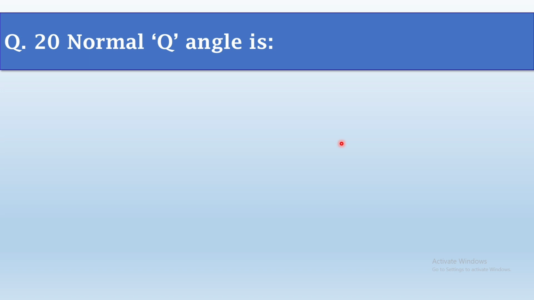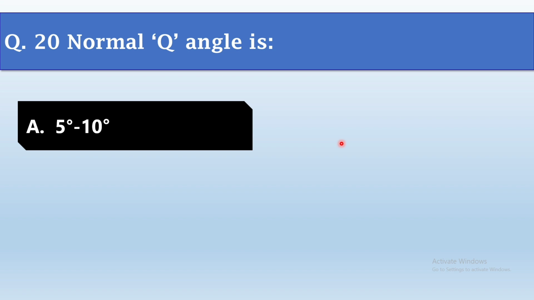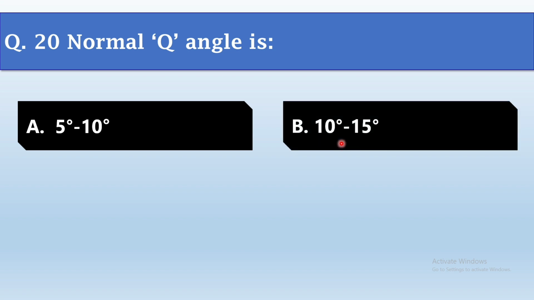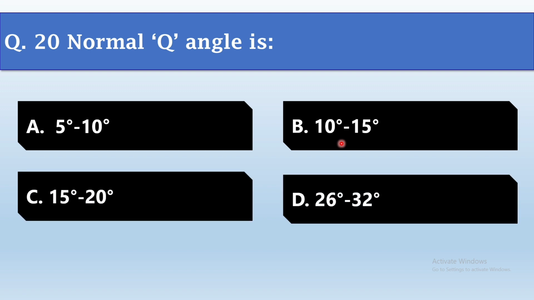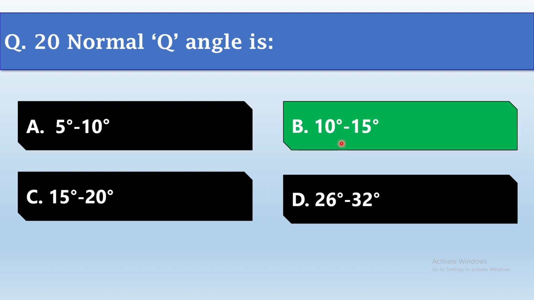Question number 20. Normal Q angle is option A 5 degree to 10 degree, option B 10 degree to 15 degree, option C 15 degree to 20 degree, and option D 26 degree to 32 degree. The answer is 10 degree to 15 degree.